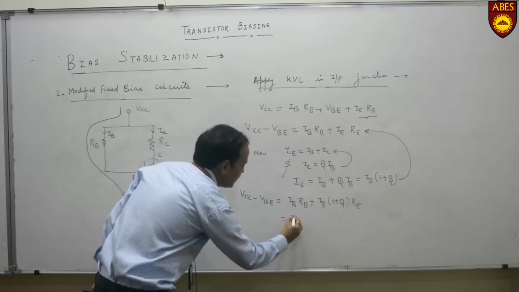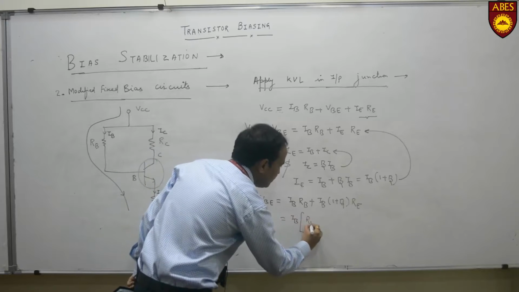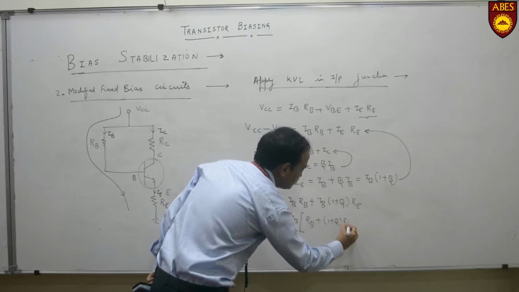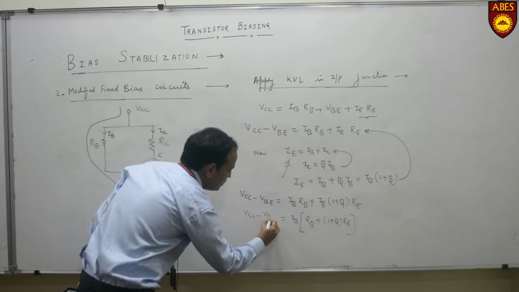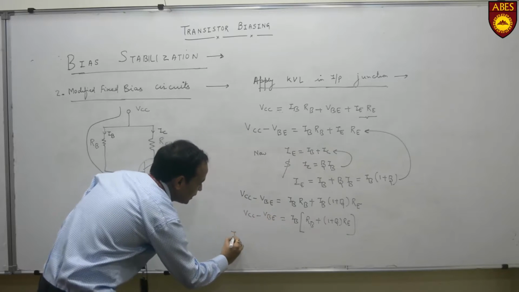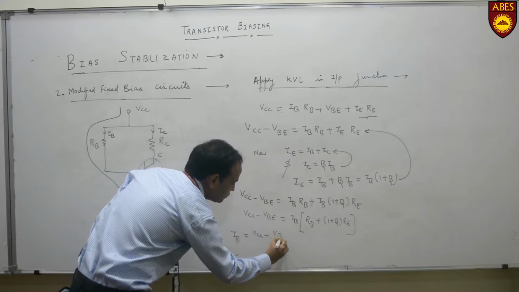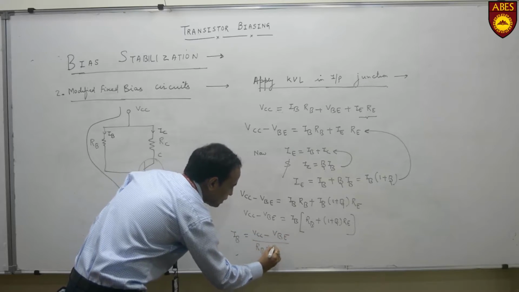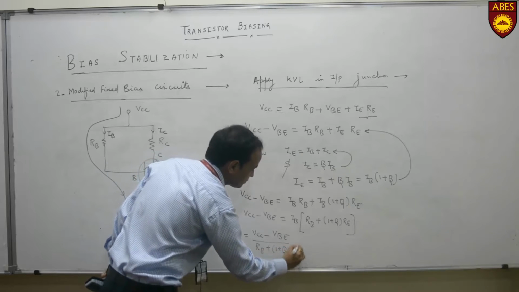Now again I can take IB common from here. My equation gets simplified: RB plus 1 plus beta into RE, and here we have VCC minus VBE. So I get a relation for IB which is VCC minus VBE upon RB plus 1 plus beta into RE.